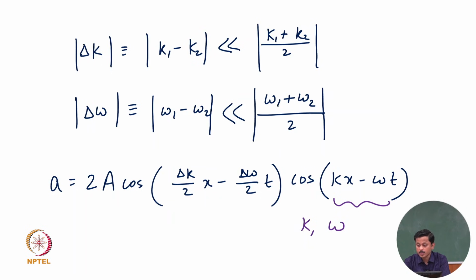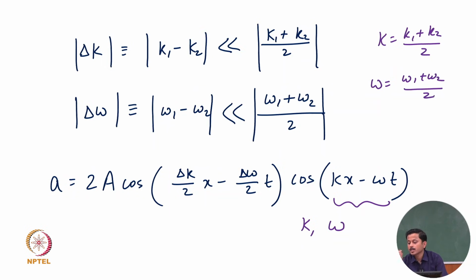Remember, this is not the frequency and wave number of a single wave. This is the average wave number and the average frequency. I should have defined the variables here: k equal to k1 plus k2 by 2, omega equal to omega 1 plus omega 2 by 2. So these are the averages of the wave numbers and the frequencies of both the waves in the system.